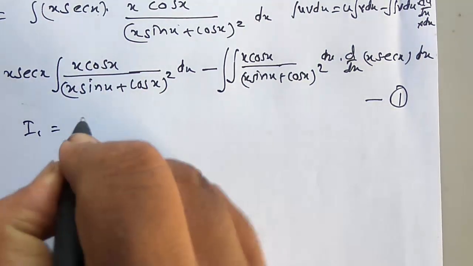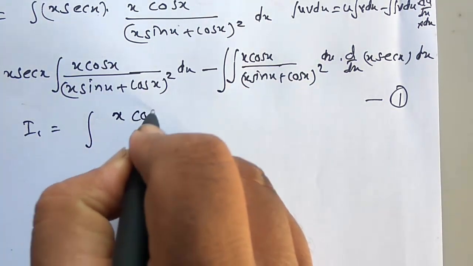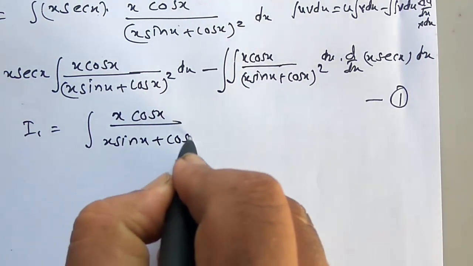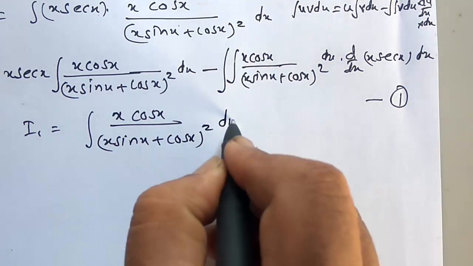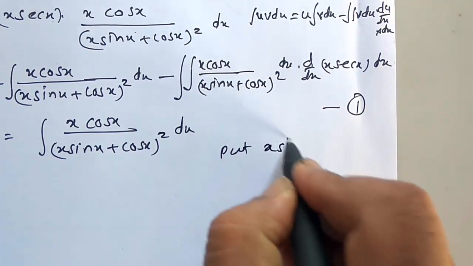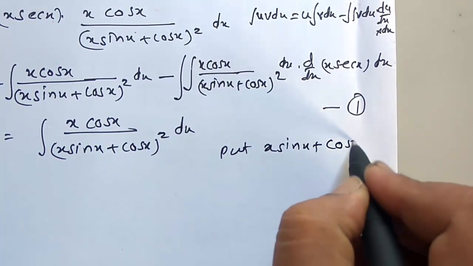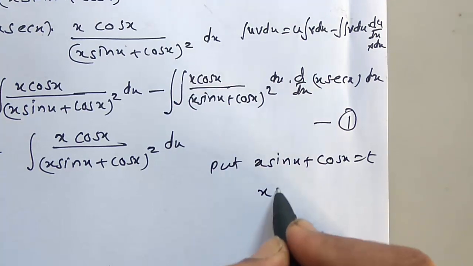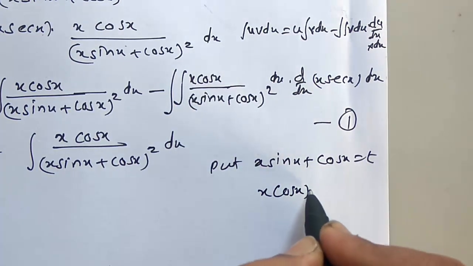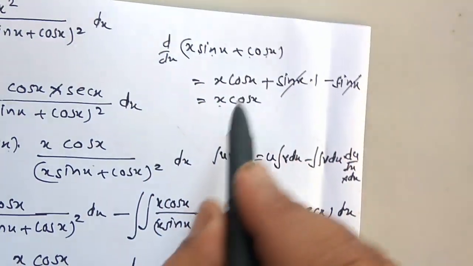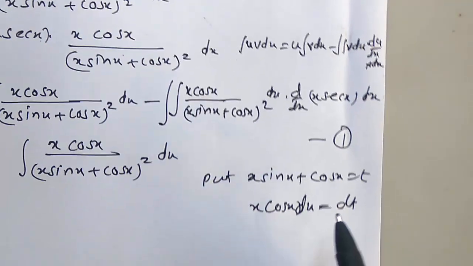So I1 is equal to the integration of x cos x upon (x sin x plus cos x) whole square dx. Here put x sin x plus cos x equal to t. So its derivative is x cos x dx equal to dt. The derivative of x sin x plus cos x is equal to x cos x.